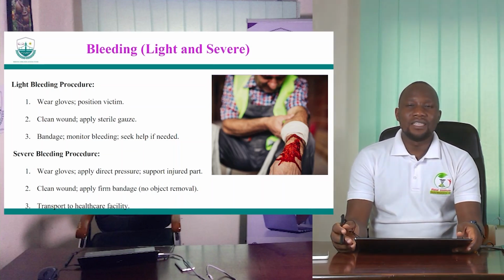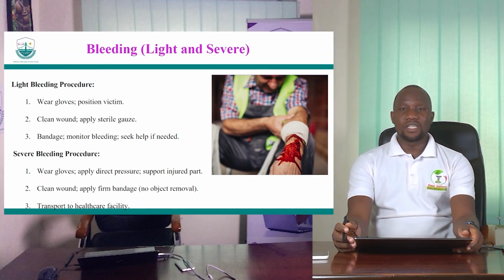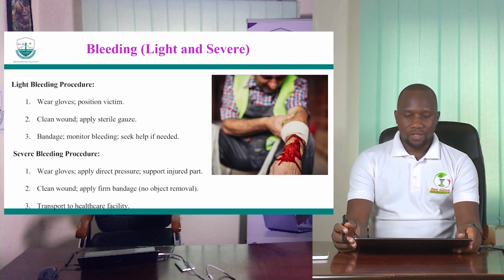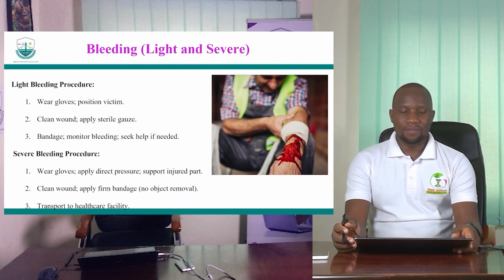When they lose blood, they go into shock, and we have just noted that shock is actually dangerous. So you don't want to have such situations. But again, avoid getting infection, but also make sure that you don't introduce infections into the victim.